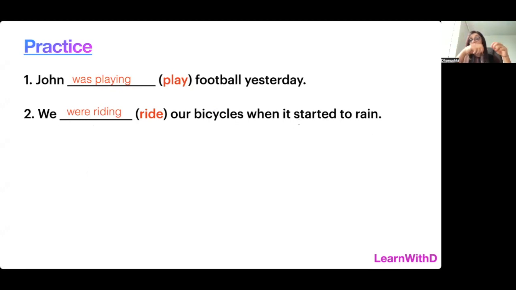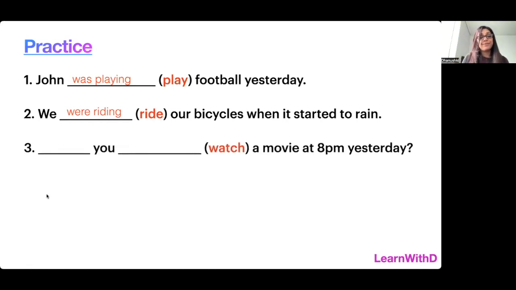Yes? We were riding our bicycles and it started to rain. So riding our bicycles was the first action. That's why we are using the past continuous for this. And for we, the verb to be in the past tense is were, right? So we were riding our bicycles when it started to rain. All right, let's look at the third sentence.